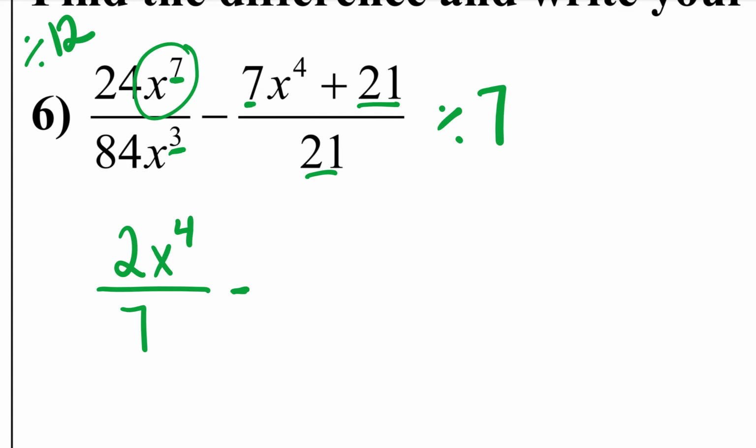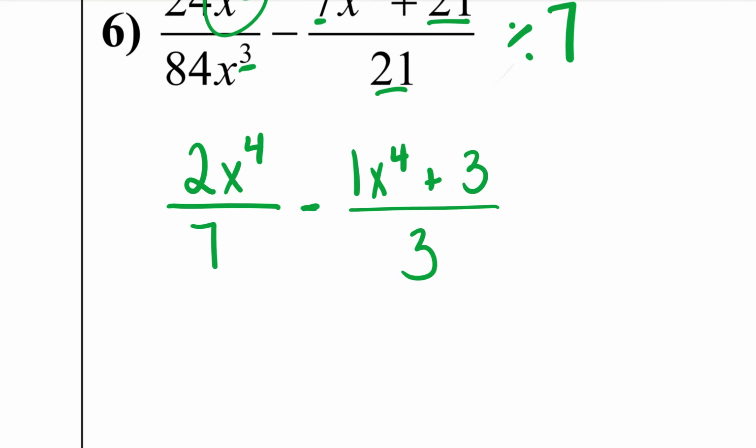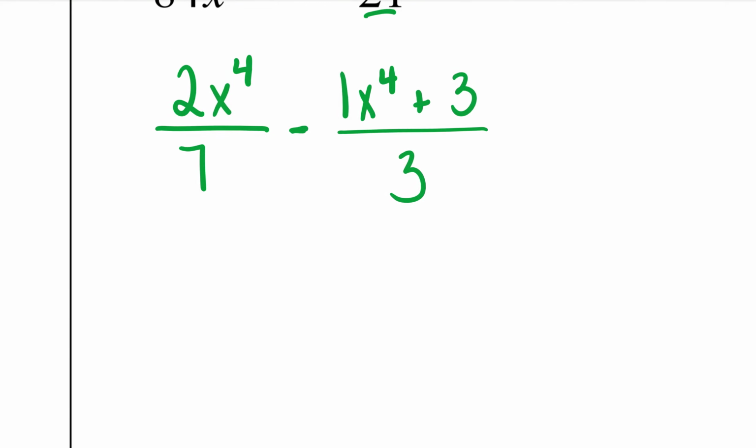So the first one, 7 divided by 7 is 1. My x did not change because I don't have an x in all three. Then I do plus 21 divided by 7, which is 3. The bottom, 21 divided by 7, is still 3. Okay. So on 6, I reduce both fractions, just like that.